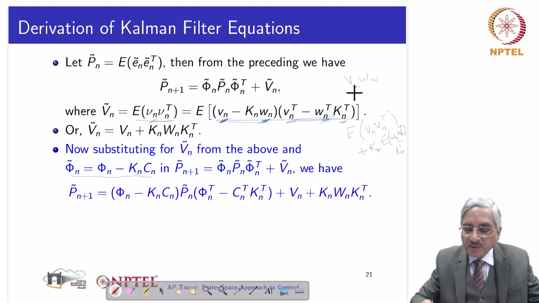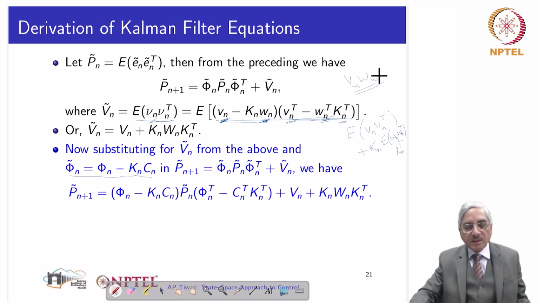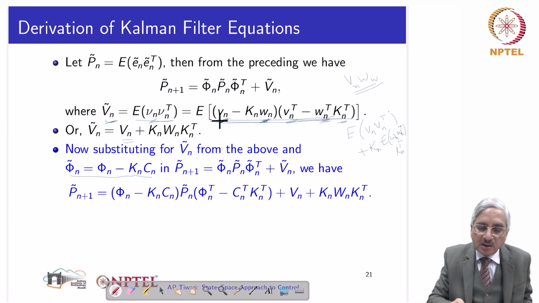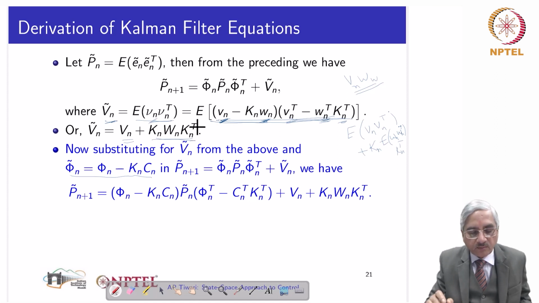Those terms containing this, their expectation will become 0. So this Vn transpose from this comes as this Vn, which is expectation of Vn, Vn transpose, and this product Kn, Wn, Kn transpose.